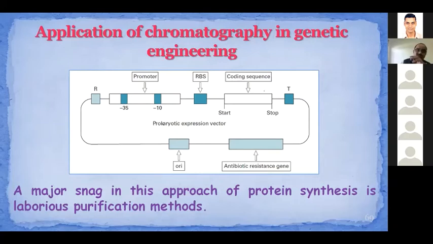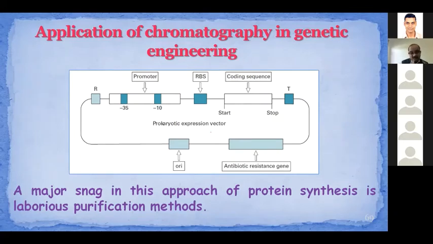These include the promoter, ribosome binding site, terminator sequence, antibiotic resistance gene, and origin of replication.